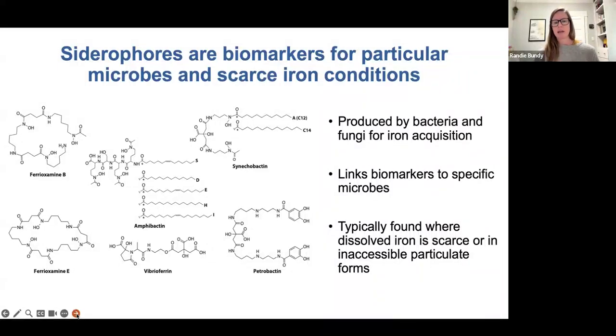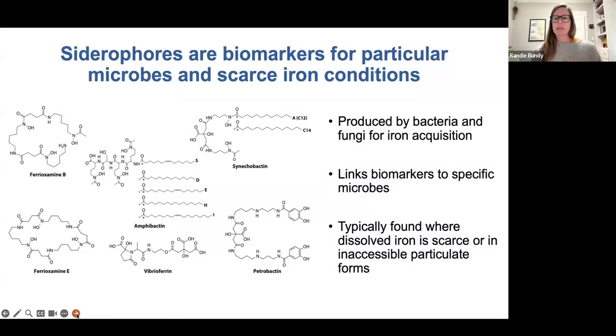They bind to iron super tightly, and they're produced purposely by bacteria or fungi for iron acquisition. They're interesting because this is a way that we can link specific biomarkers to certain microbes, because we can look at the genes used by different bacteria, for example, to produce these different compounds.